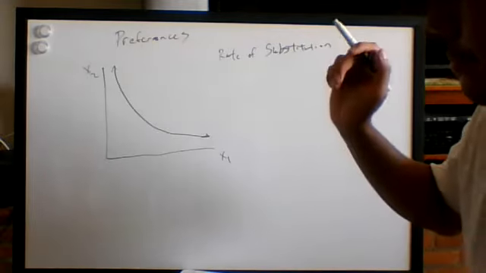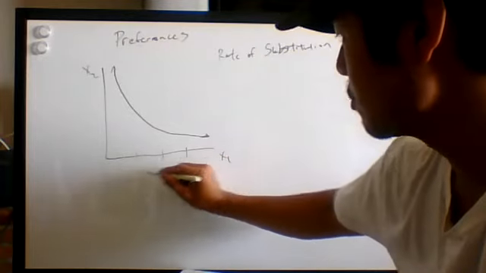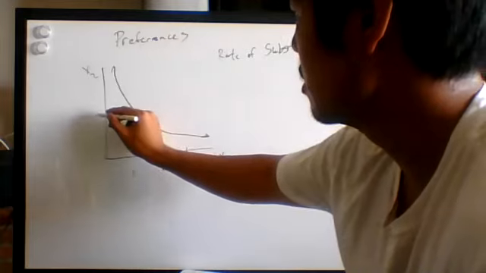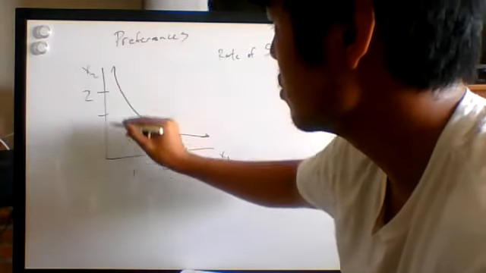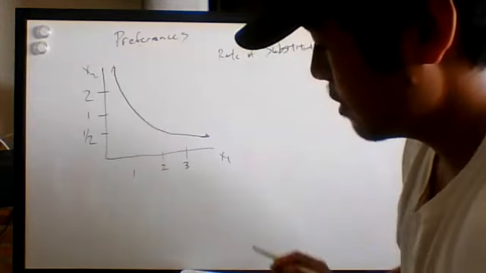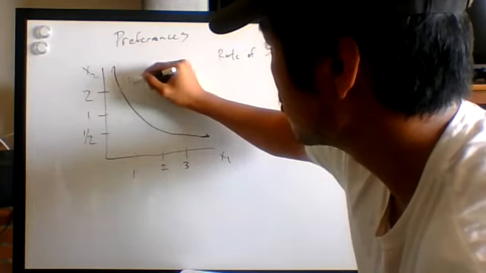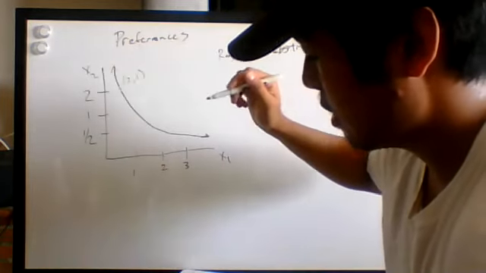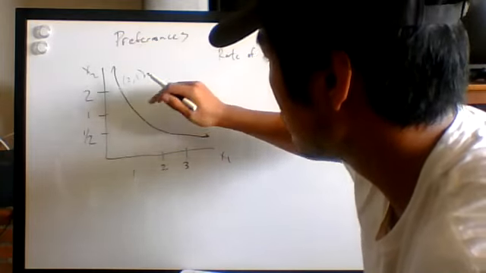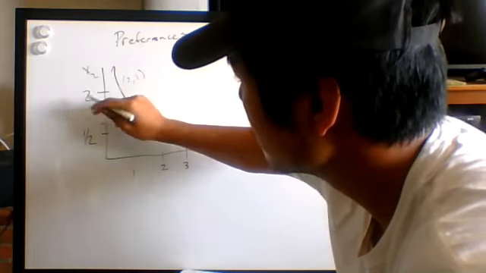So let's say that this is the graph that we're working with, 1, 2, and 3. This is 1, 2, and then this is a half, right? So let's say that we start off right here. This is the point 1, 2.